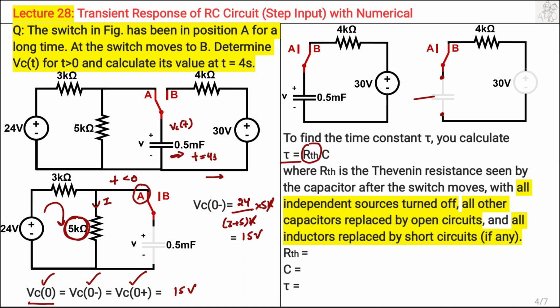We know that the internal resistance of an ideal voltage source is 0, therefore it is replaced by a short. If we see the resistance from these two terminals, the R Thevenin simply comes out to be 4 kilo ohms. So R Thevenin is 4 kilo ohms, the capacitance is 0.5 microfarad, and the time constant now will be simply 4000 into 0.5 divided by 1000, and this comes out to be simply 2 seconds.